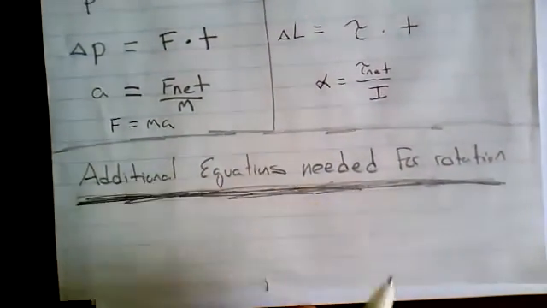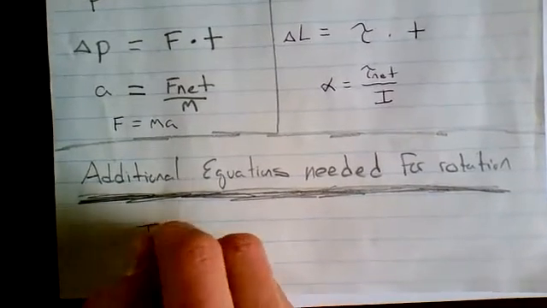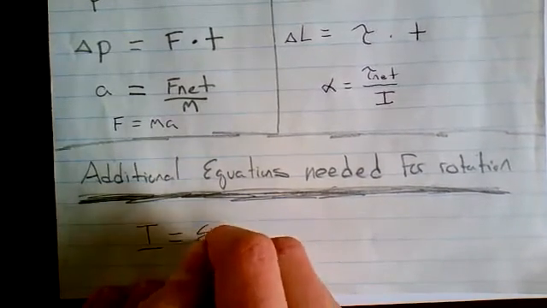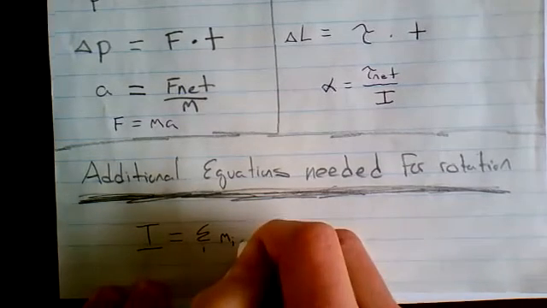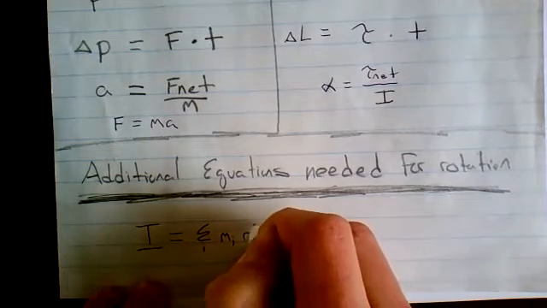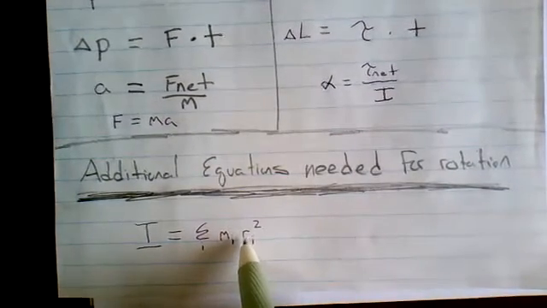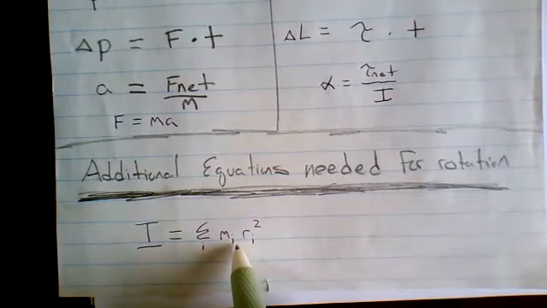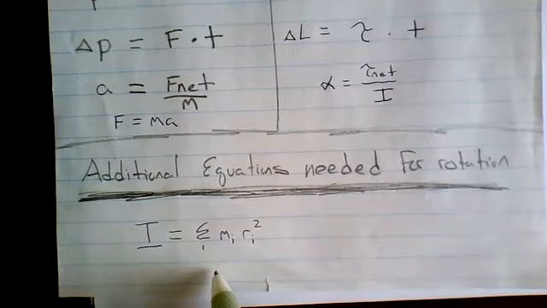What other equations are important? Well, understanding what rotational inertia is. Rotational inertia equals the sum of the mass times radius squared. So it matters what the mass is and where that mass is according to its radius.